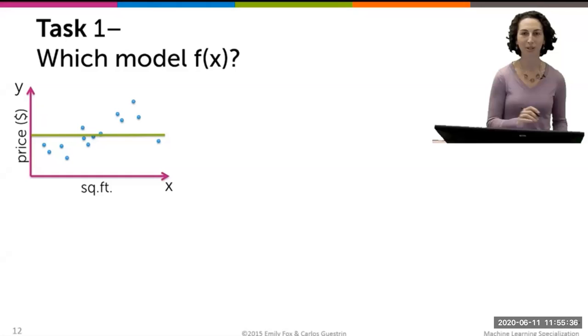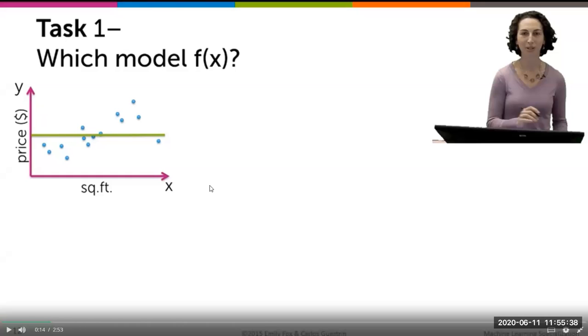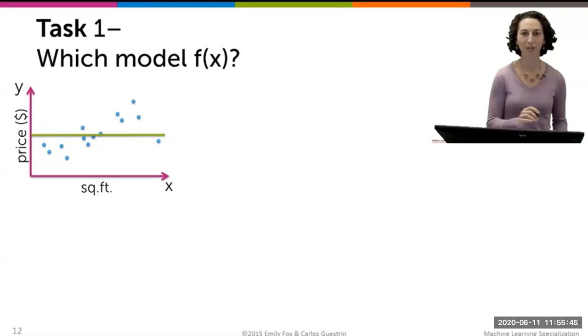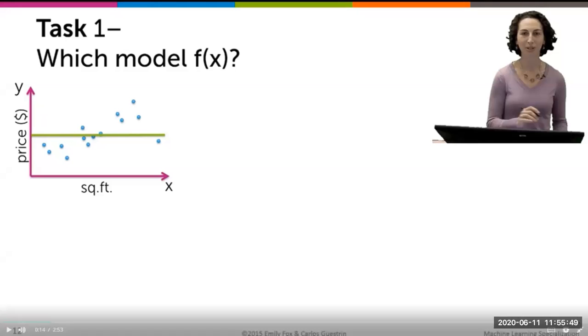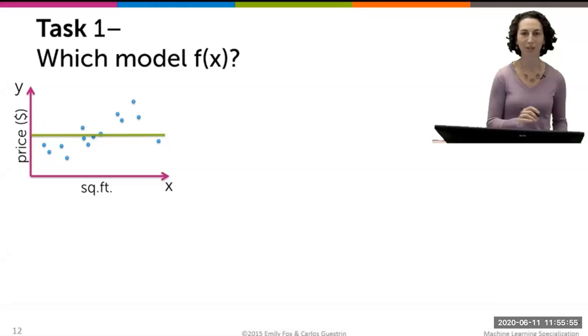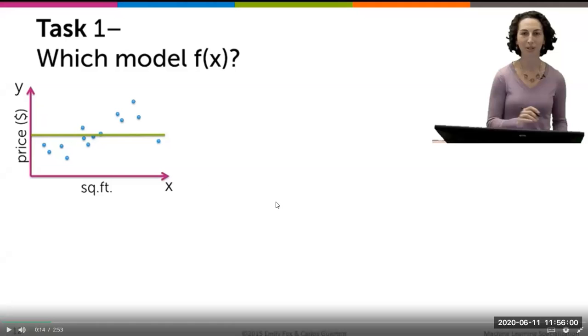Output. Is it a numeric variable or a non-numeric variable? Non-numeric, right? I told you for your projects, you have to use what kind of output variable? Nominal, right? Non-numeric.